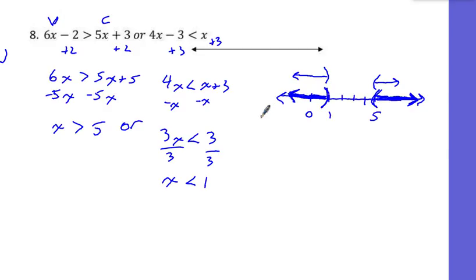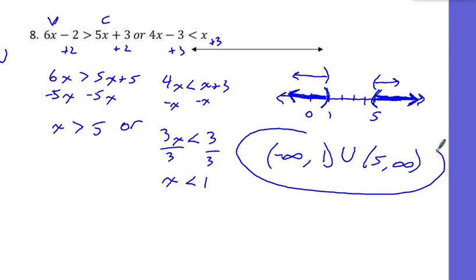Interval notation, we start again from the left all the way to the right. Negative infinity to 1, both are not included. Union 5 to positive infinity. There is the interval notation answer to this inequality.